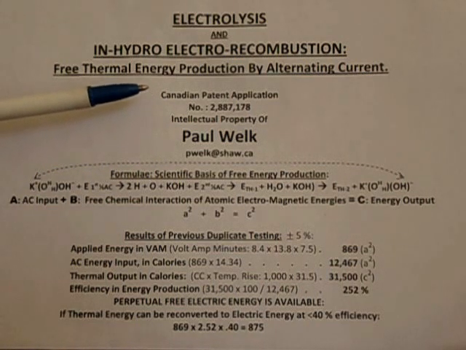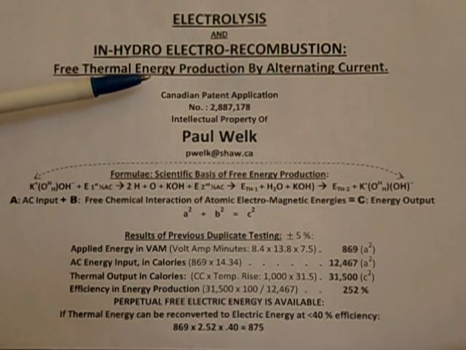The Canadian Patent Office will lay this patent application open for public scrutiny on October 2016. However, before then, let me introduce to you the essence of this process. It's an electrochemical process.